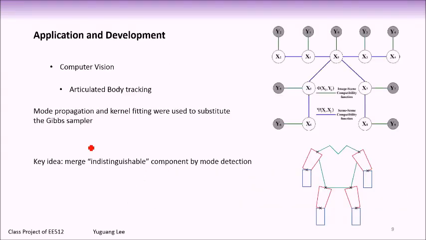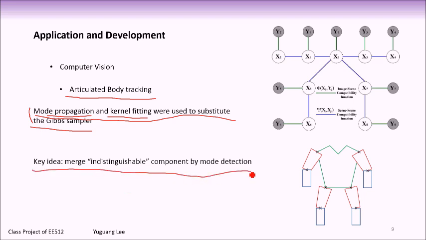Because NBP is able to handle graphs with continuous random variables, it has been used in a lot of fields of computer vision. Specifically, this author used NBP in articulated body tracking. In this paper, he developed some new methods to substitute the Gibbs sampler, which are mode propagation and kernel fitting.